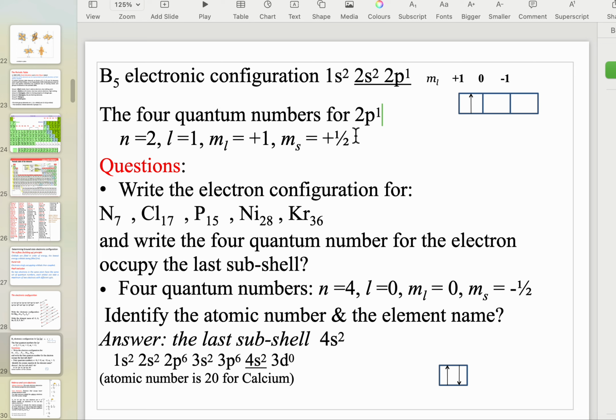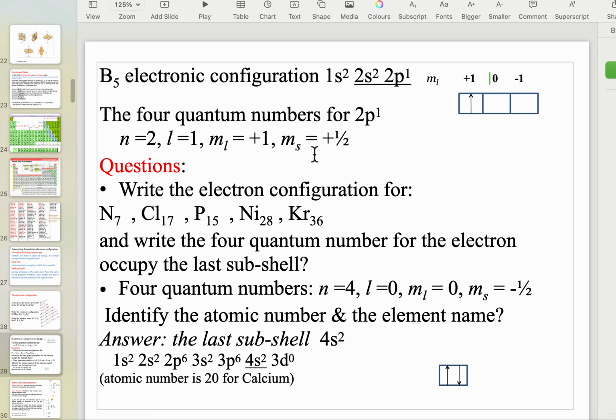So n equals 2. l is for p: s takes 0, p takes 1, so l is 1. ml is where the electron is sitting. It is not in the middle, not to the right, but to the left, so it's sitting in the +1.